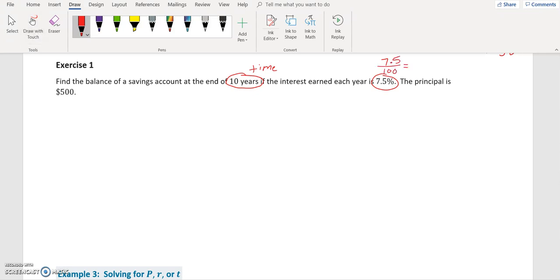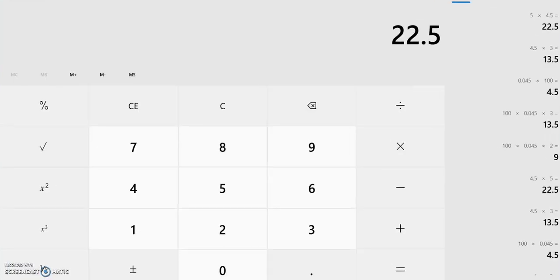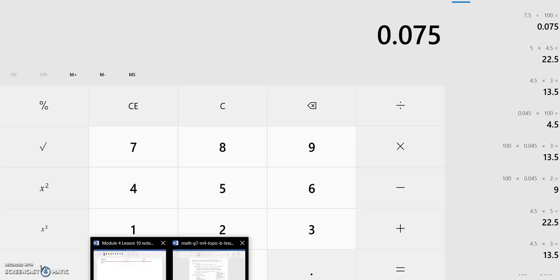Let us plug that into our calculator: 7.5 divided by 100 makes us move that decimal 2 places to the left, 0.075.